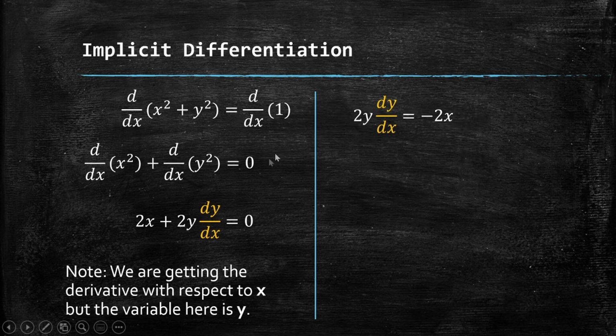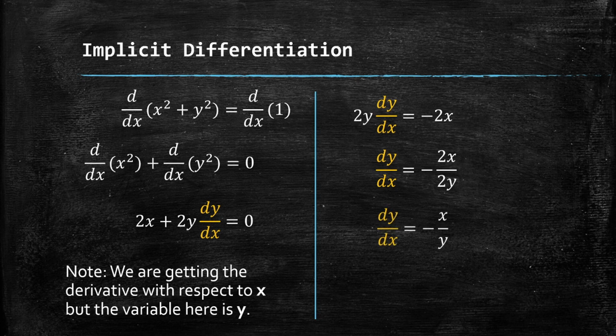So 2x is transferred from the left to the right, and we have negative 2x now, and then divide both sides by 2y, so that dy dx will be left alone on the left side of the equation, and cancel out 2. We'll get negative x over y, and this is already the derivative of our given with respect to x.